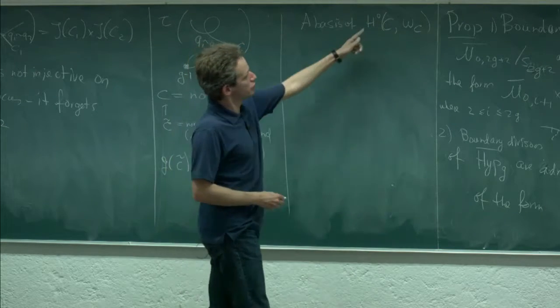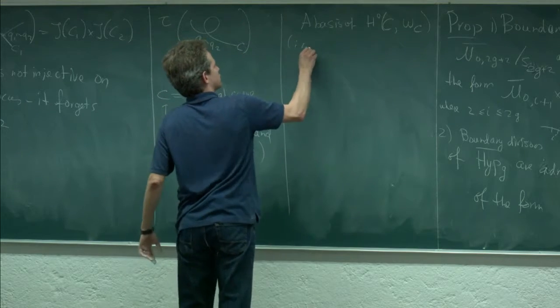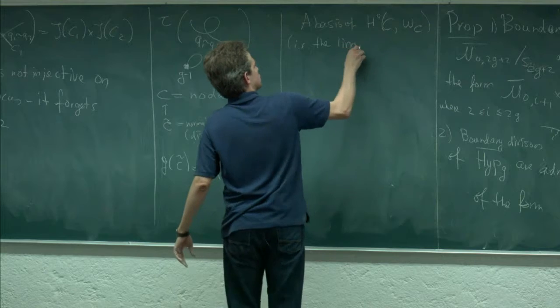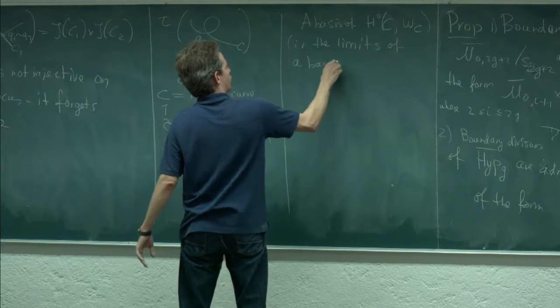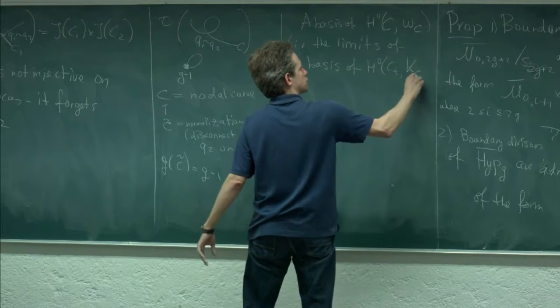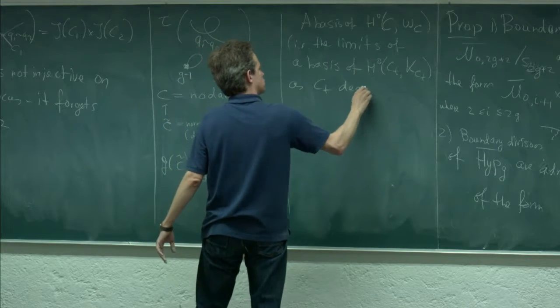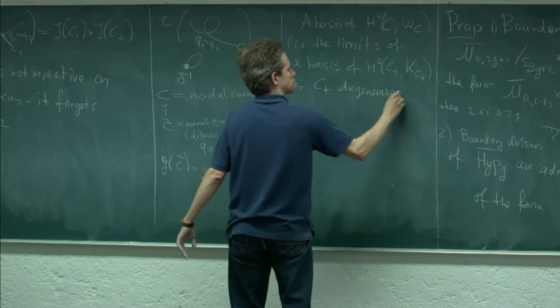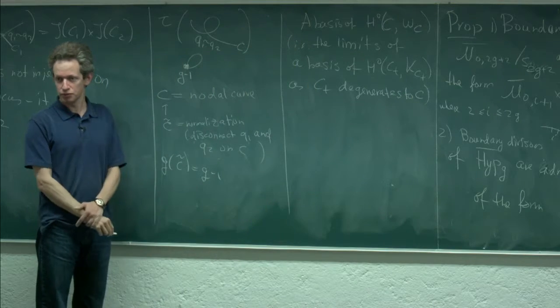If you don't know what I just wrote, the statement is, i.e., the limits of a basis of H^0(C_t, K_{C_t}) as C_t degenerates, as t goes to 0, to C. Okay, that's what I mean.